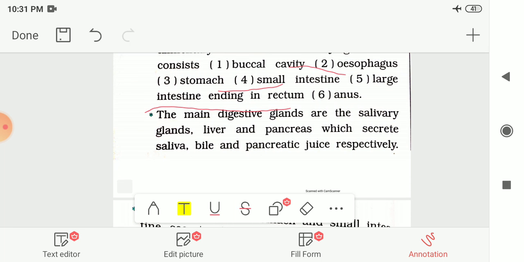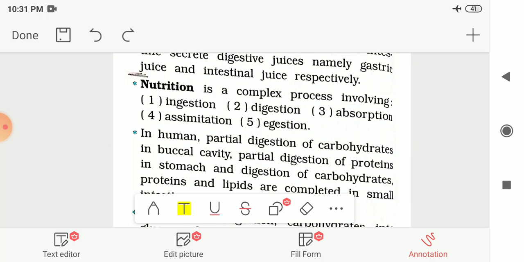Then after that we had seen how we digest the food. The main digestive glands are the salivary glands, liver and pancreas, which secrete saliva, bile and pancreatic juices respectively. These are the digestive glands which are present along our alimentary canal, and they release different juices, that is saliva, bile and pancreatic juices, which help in the digestion of the food in our body.